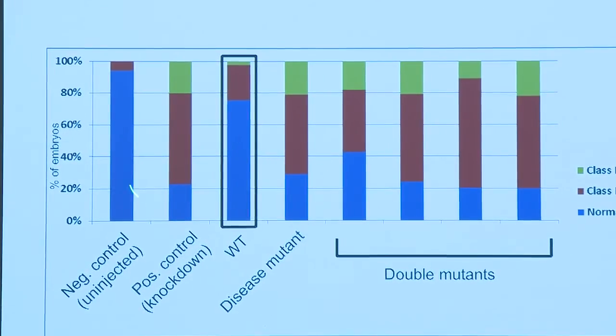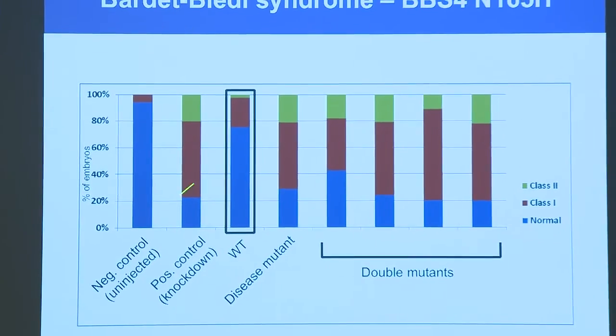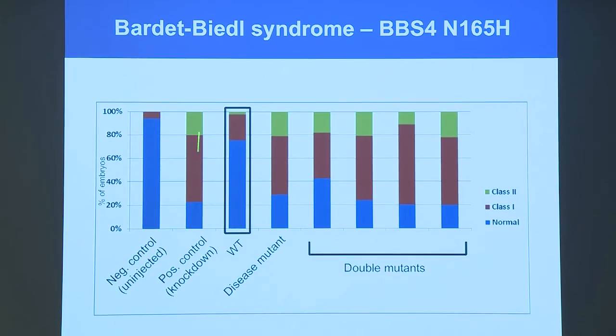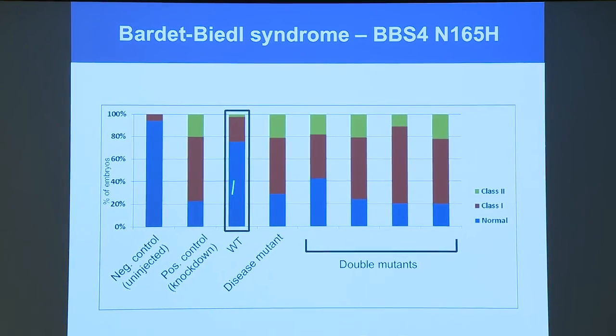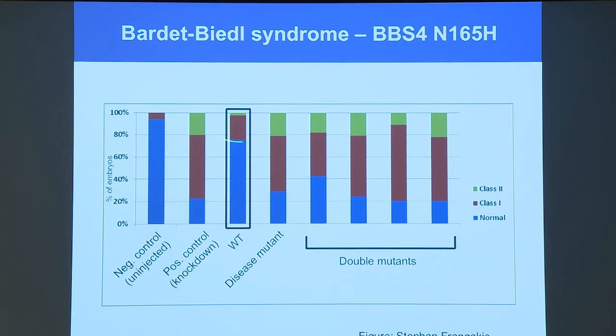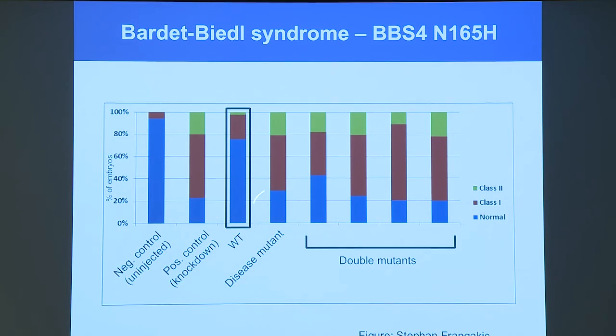So this is how it looks. You have three classes of phenotypes. Controls are mostly fine. Knockdowns mostly are not fine. Rescue with human wild-type gene is not fully complete, but it's pretty good. And then you inject double mutants, and they are the same as a single mutant, right?